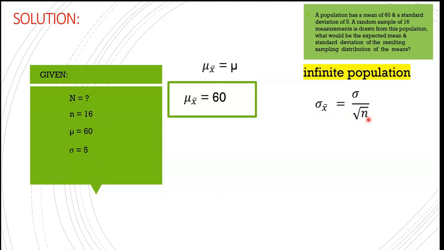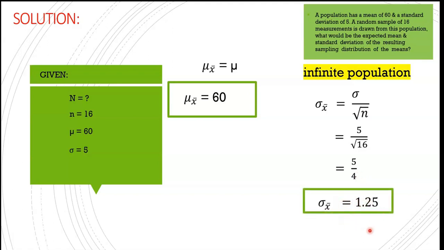So the formula for finding the standard deviation of our sample means for an infinite population is given by the population standard deviation over the square root of n, or the sample size. So we just substitute the values. That's 5 over the square root of 16. The square root of 16 is equal to 4, so 5 divided by 4 is 1.25. Hence, our standard deviation for the sample mean is 1.25.